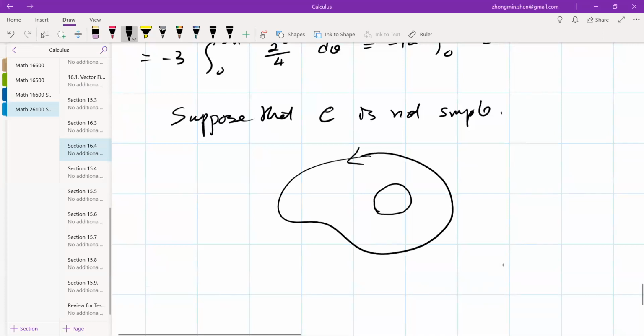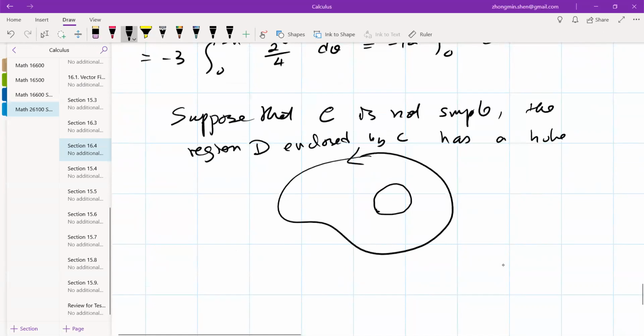In other words, the region D is not simply connected, okay? So that means there's a hole here. I.e., the region D enclosed by C has a hole, okay?